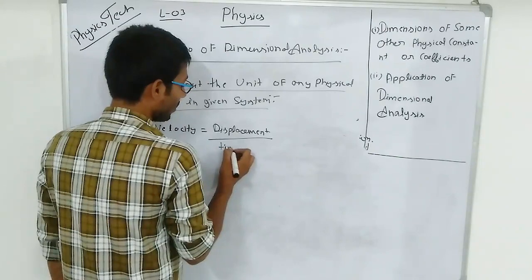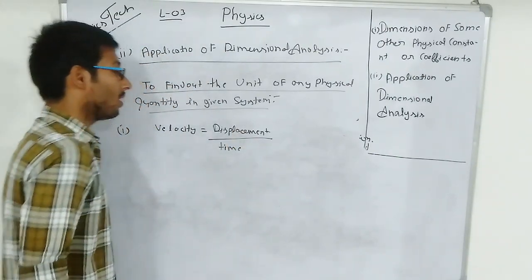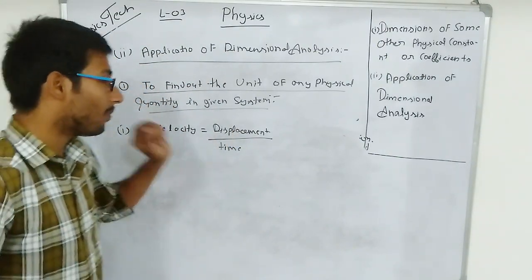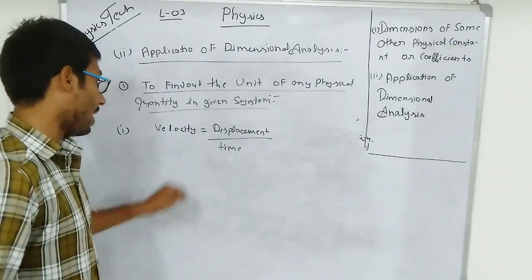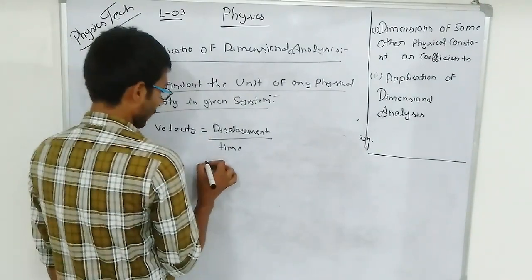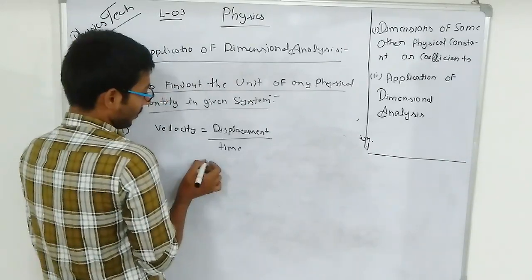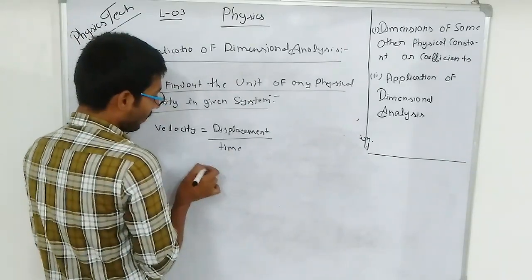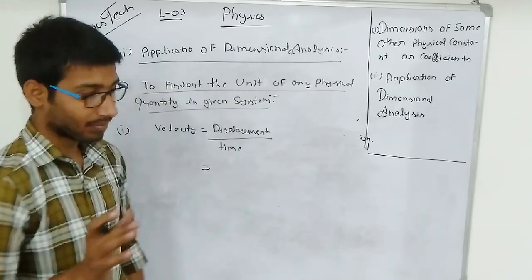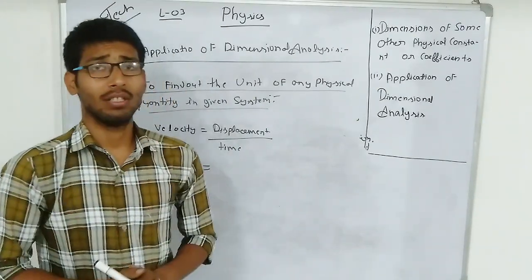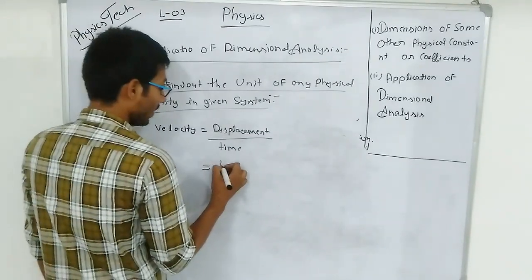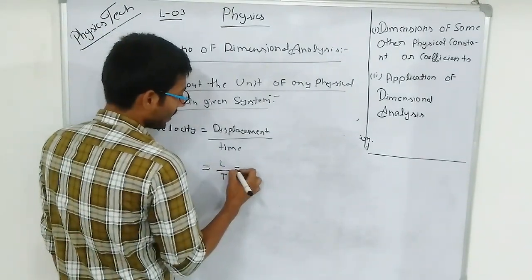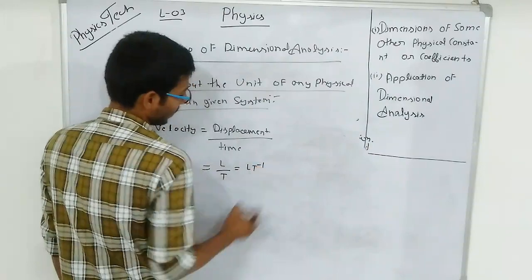Now what is the dimension of displacement? The dimension of displacement is capital L, so L upon T is equal to L T base minus 1.